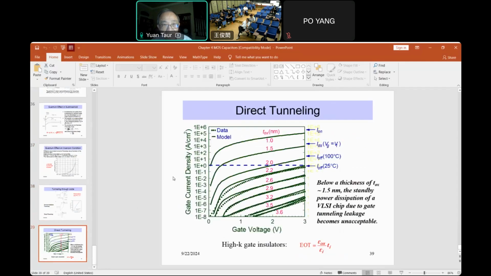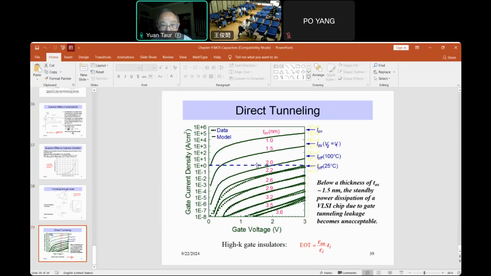In fact, we can have a plot of the tunneling current density versus the voltage for different thicknesses. Compare with the off current. Now, the tunneling current, first of all, is a very strong function of oxide thickness. From 3.6 nanometers, the bottom, to 1 nanometer, the tunneling density has changed by more than 10 orders of magnitude.